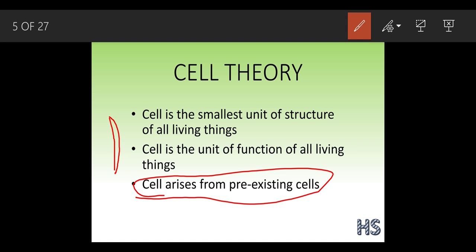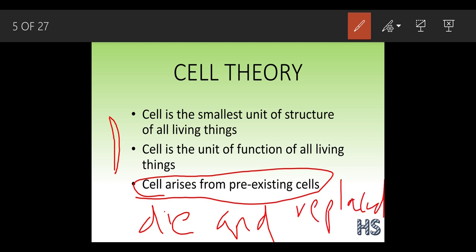Why? Because new cells arise at the place where we have got wounded, and that is why it gets covered up by new skin. So this says that cells arise from pre-existing cells, which means that cells die also and get replaced by the time.